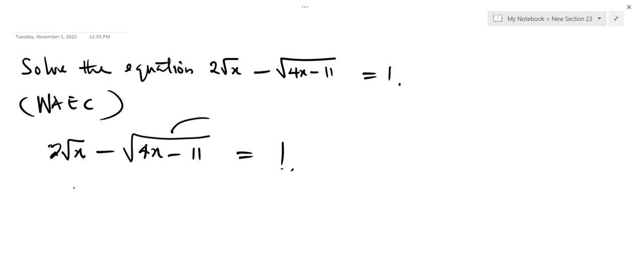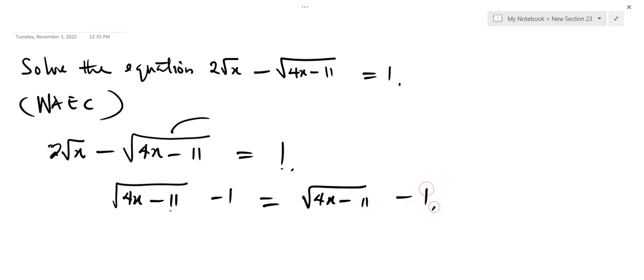So I'm going to use the square root of 4x minus 1, then minus 1 on both sides.